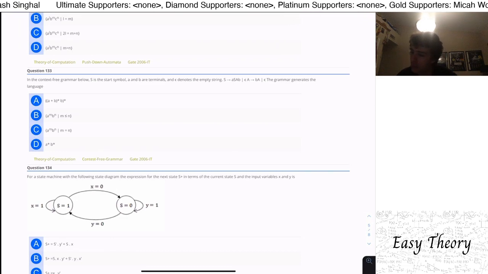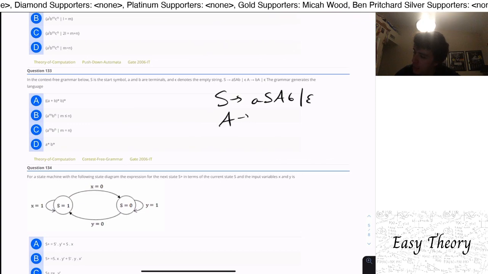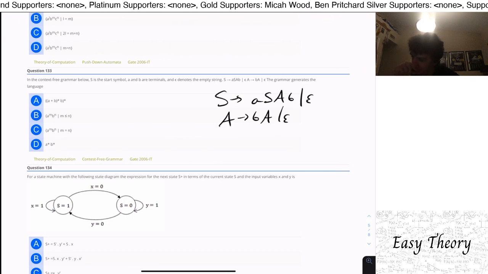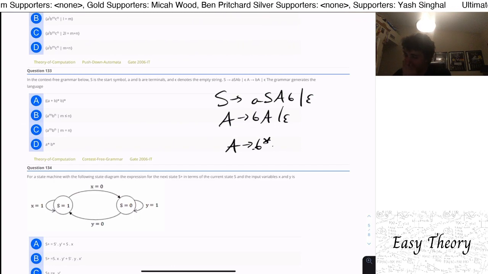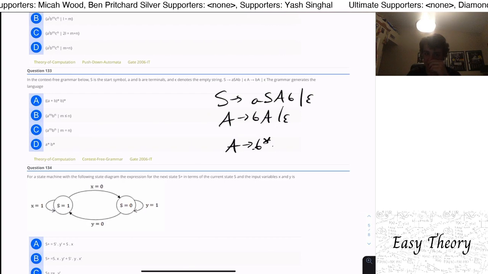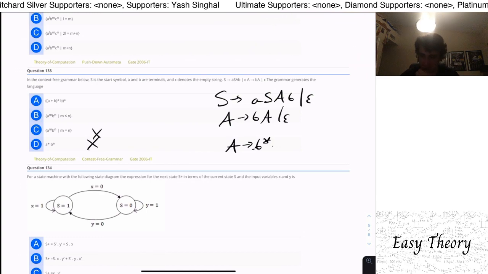In the context-free grammar below, S is the start symbol. Let's see. S goes to A, S, A, B, or empty. A goes to B, A, or empty. So A will make B star. So it's not A star, B star. So it's not that. The number of B's and A's has nothing to do with each other, so it's not that one.